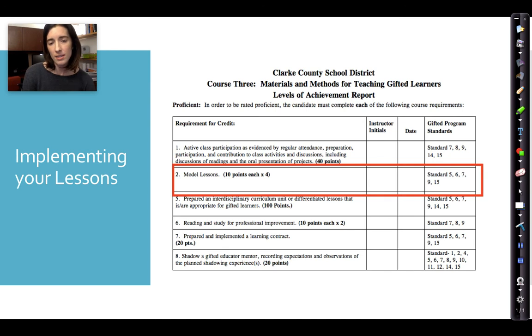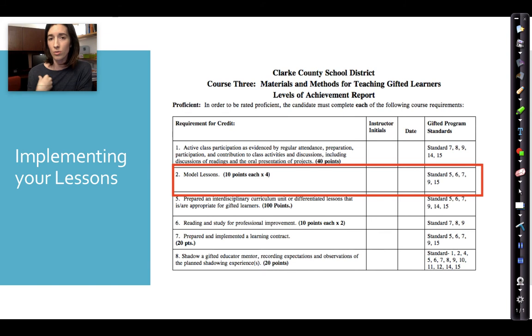So these model lessons, if you look at your levels of achievement report, and this is at the very bottom of your syllabus, Clark County has you doing 4 model lessons at 10 points each. Jess and I have adapted them slightly because they originally wanted you to create, for example this week, the Bloom's taxonomy lesson, but then in order to get full credit for it, you also had to implement it.